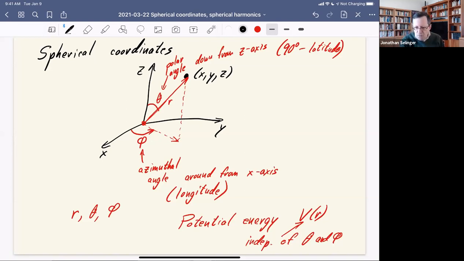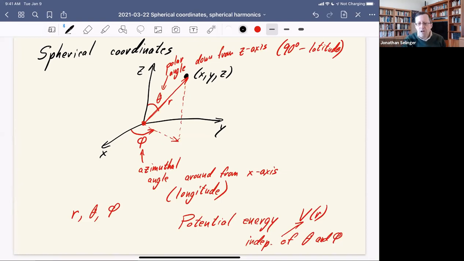And so, in that case, we wouldn't be able to use that method to get an exact solution. Right, so we need to do something a little different if we want to have any hope of getting an exact solution.